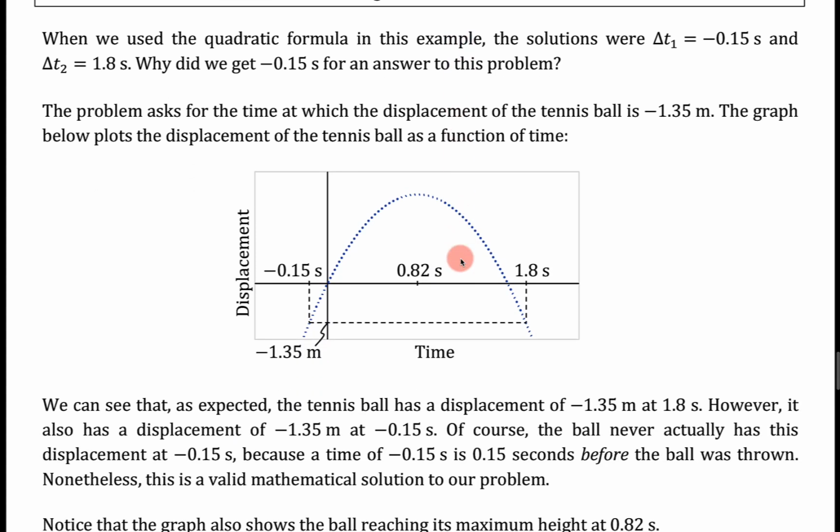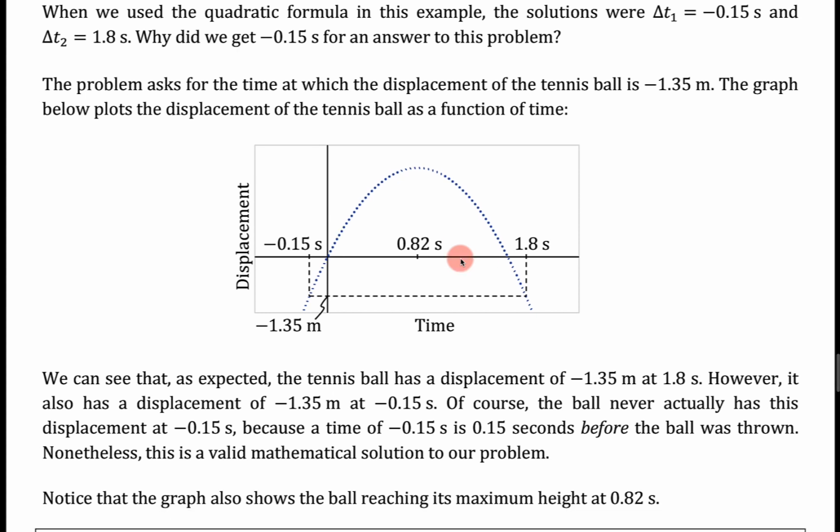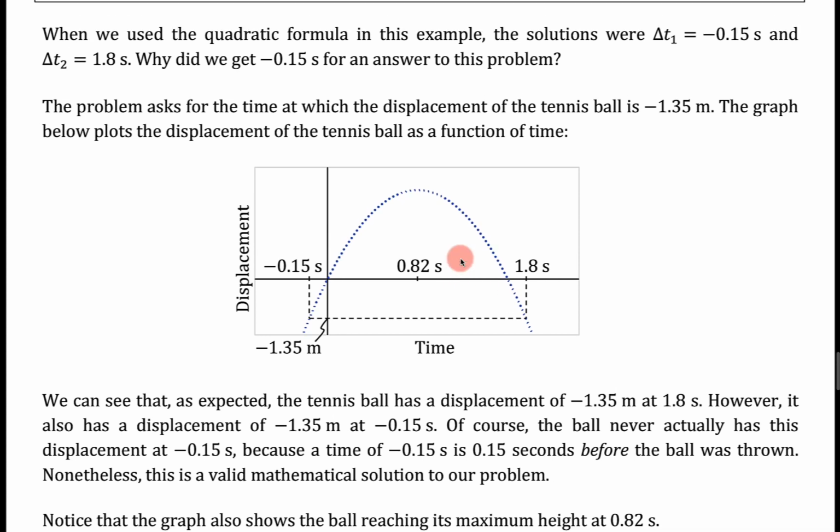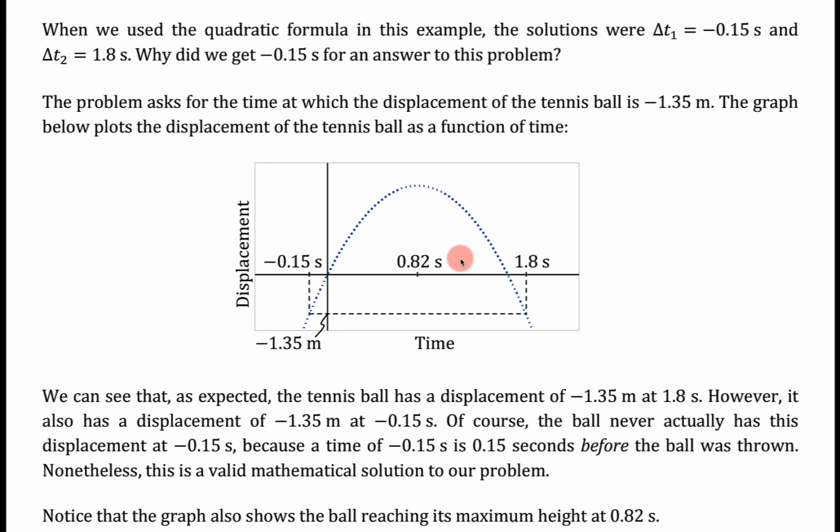Now, I did just include an explanation in this handout for why we actually got two solutions for delta t, because I think it's actually helpful for students to understand this. So when we use the quadratic formula in this example, one of these solutions was minus 0.15 seconds, and the other solution was 1.8 seconds.